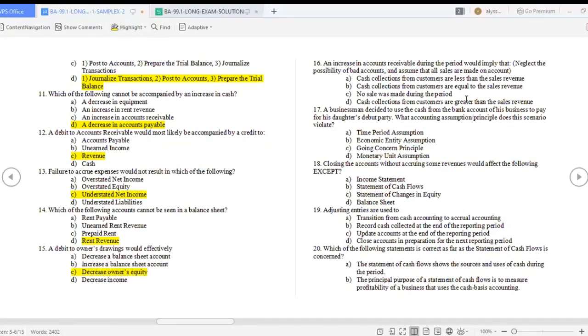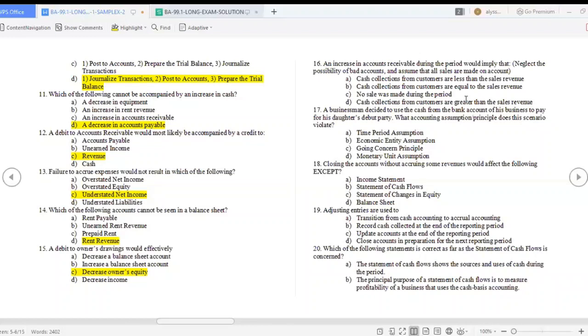Number 16. An increase in accounts receivable during the period would imply that. So we should neglect the possibility of bad accounts and assume that all sales are made on credit. So what increases and decreases accounts receivable? What increases accounts receivable is the revenue. What decreases accounts receivable is cash collection.